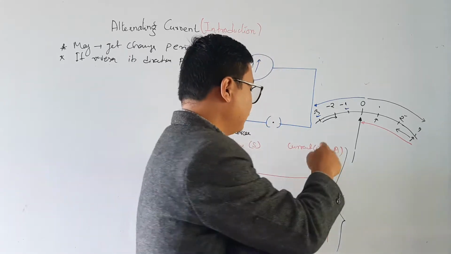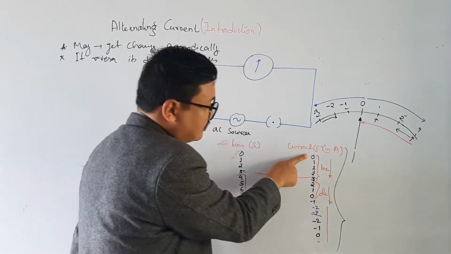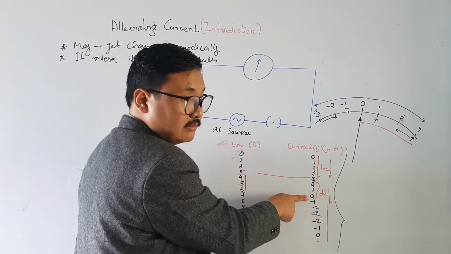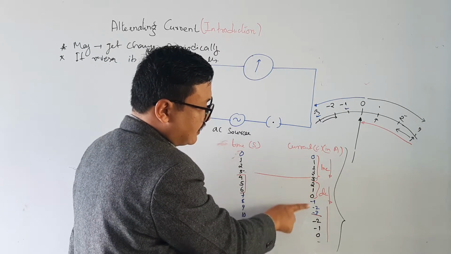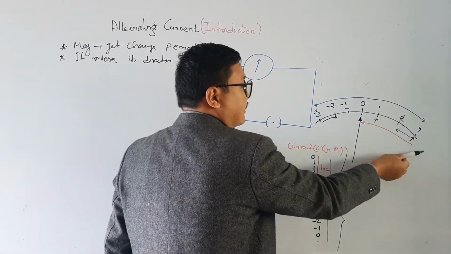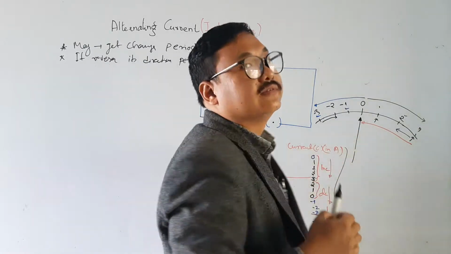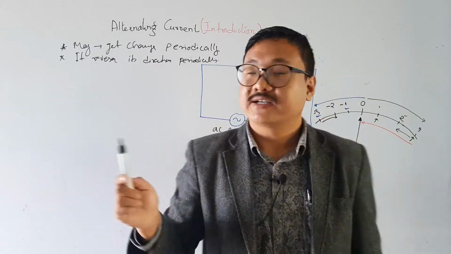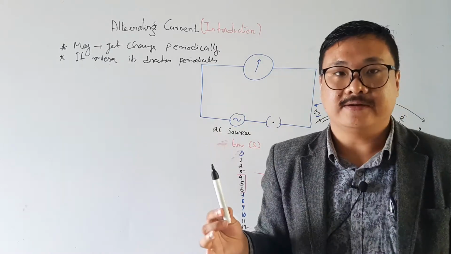It went from 0 to maximum to minimum, again from negative it was positive and negative. It is increasing towards positive, decreasing, and again it is going towards negative and decreasing. So it is reversing the direction periodically.